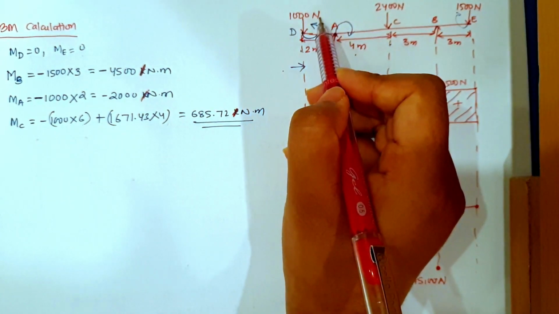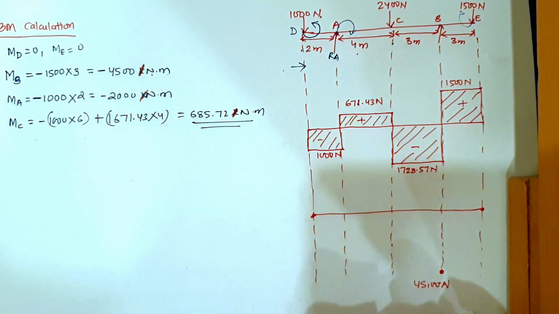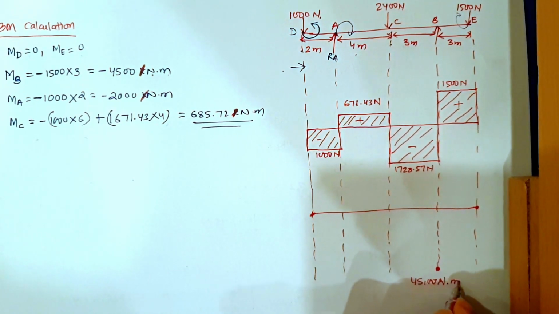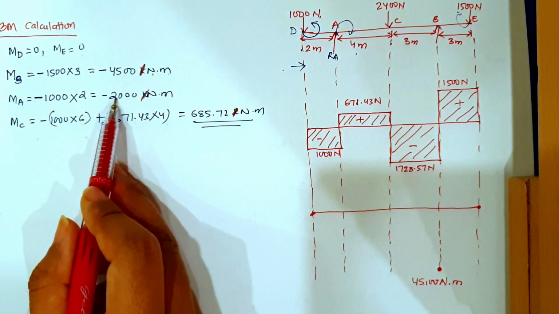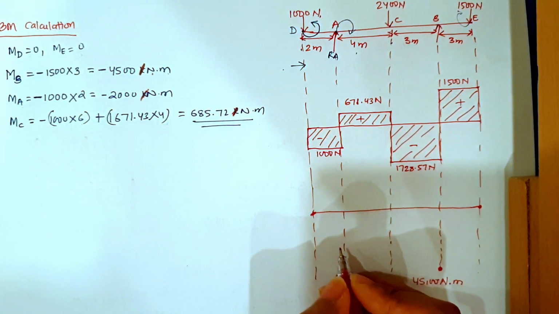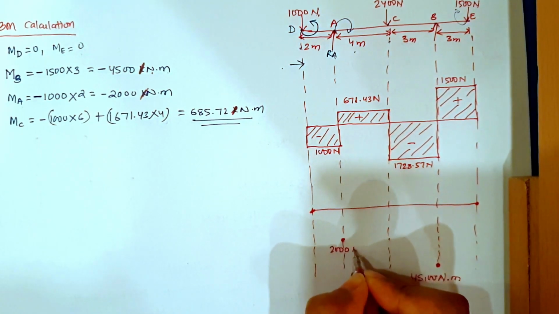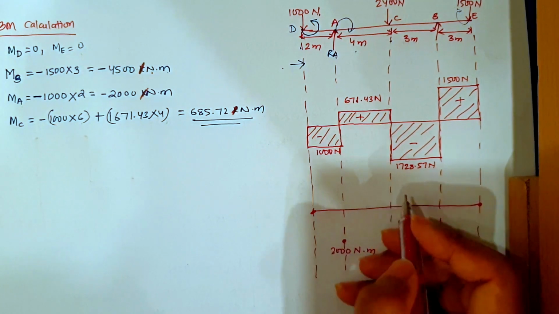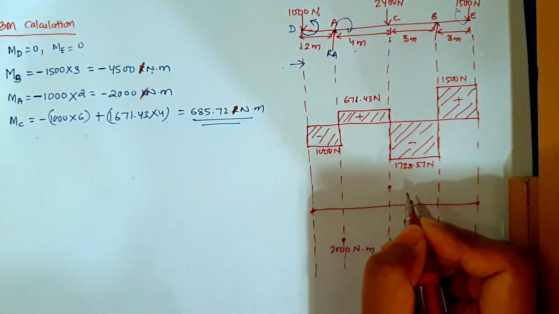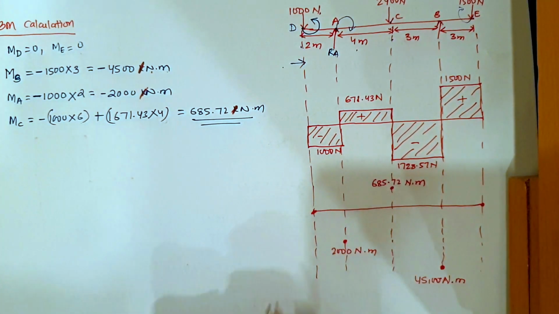Since force is given in Newton, bending moment will come in Newton meter, so I have 4500 Newton meter, and then the moment at A is minus 2000 Newton meter, and the moment at point C is 685.72 Newton meter.